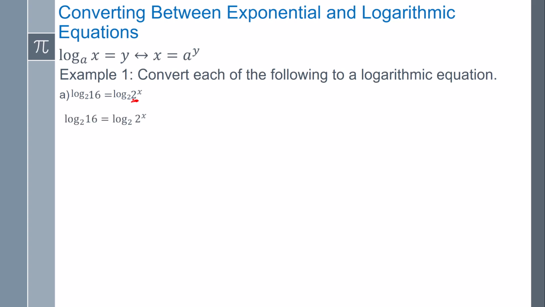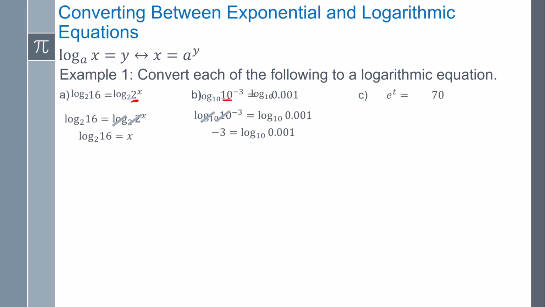The log base 2 and this 2 cancel out because they're inverses of each other, and you're left with x. So I originally started with an exponential equation, and I converted it into a logarithmic equation. Same here. There's the base of my exponent, so to cancel that out, I would do log base 10 to both sides. The log base 10 and the 10 cancel out, and I'm left with a log.